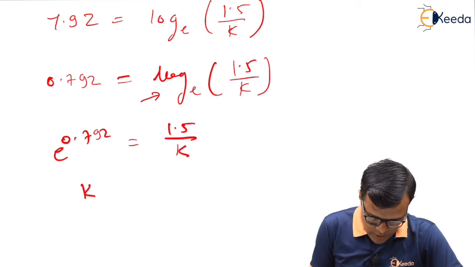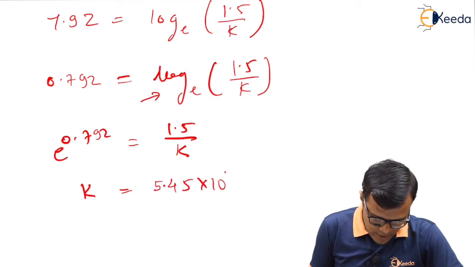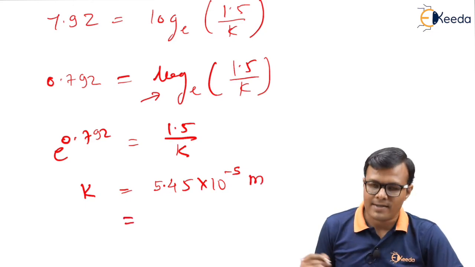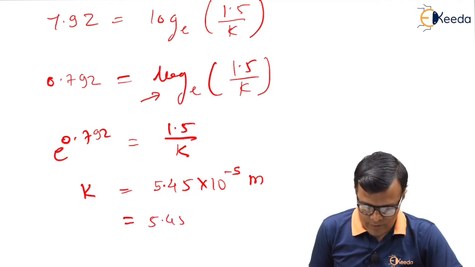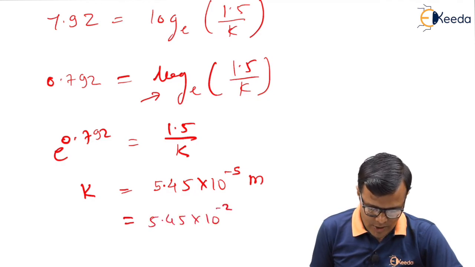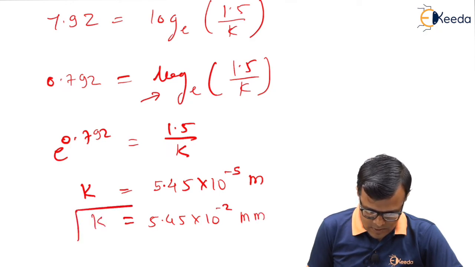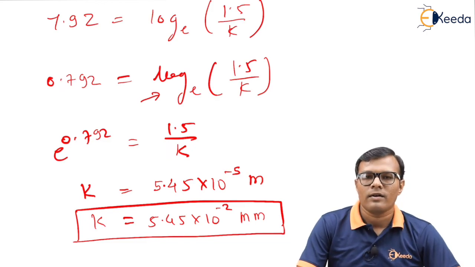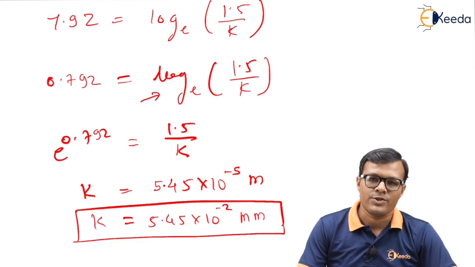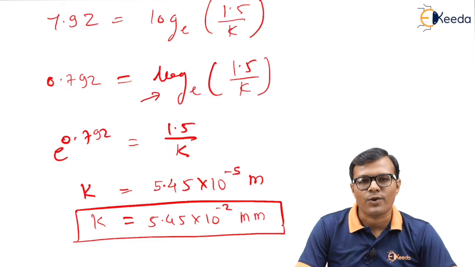So we have the value of k as 5.45 into 10 raised to minus 5 meter. We are interested in the calculation in millimeter, so 5.45 into 10 raised to minus 2 millimeter is the height up to which we can permit the roughness of a pipe, or extrusions or protrusions. That's all. Thank you.